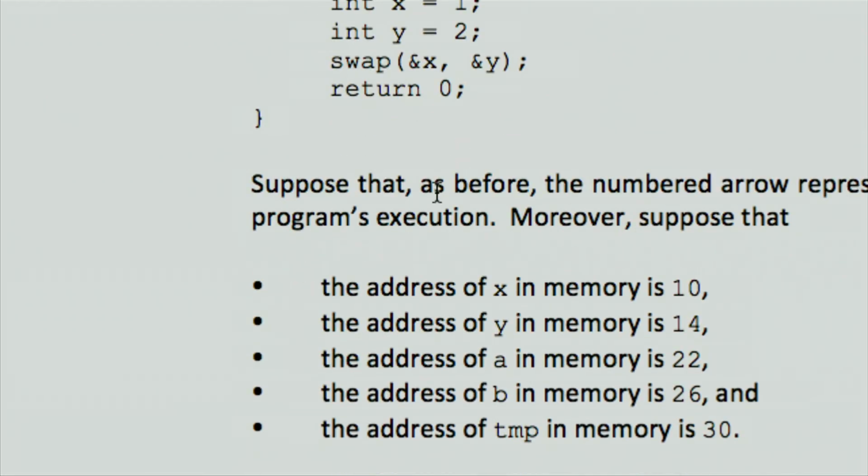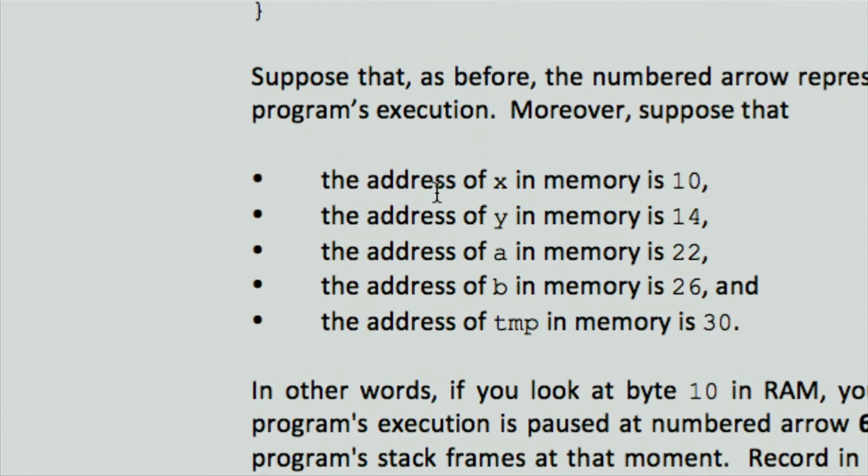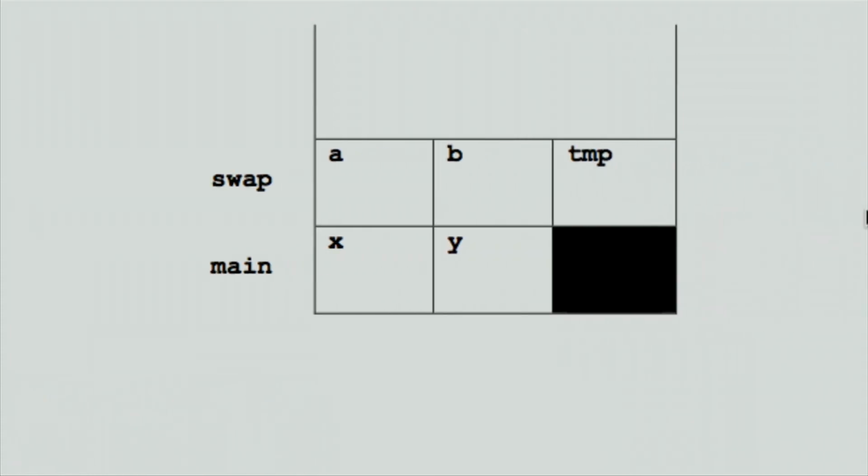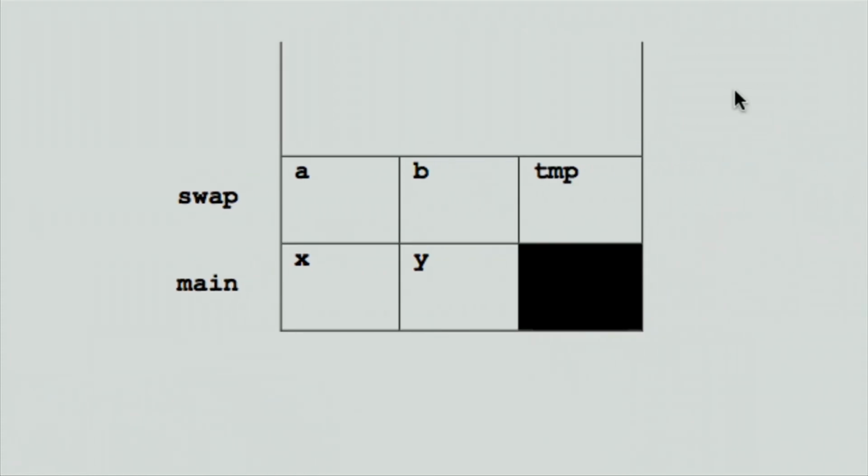So if we scroll down here, we saw that the addresses of everything in memory were provided for us. This is very key. We'll come back to it in just a moment. And then down here at the bottom, we had a little memory diagram that we're going to refer to.